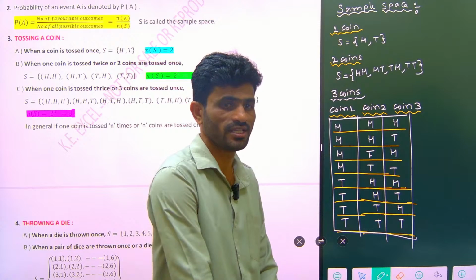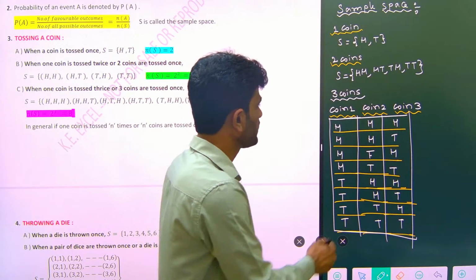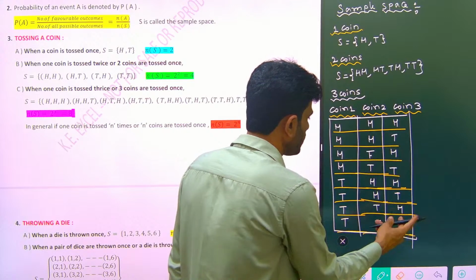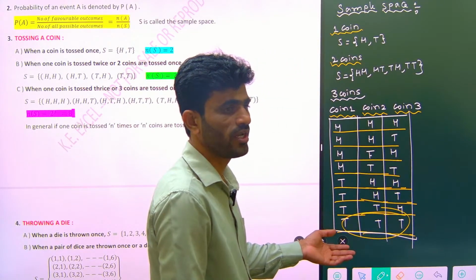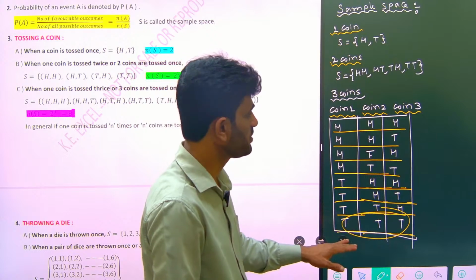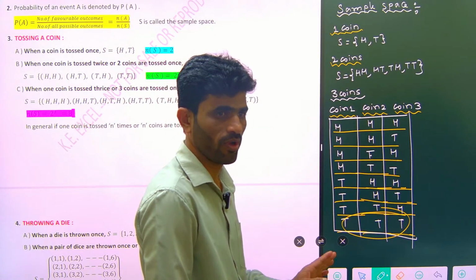You should not have less than 1. For example, in this at least 1 means except this, remaining all will come. At least 1 head I said. At least 1 head means except this, in the remaining all we have at least 1 head.